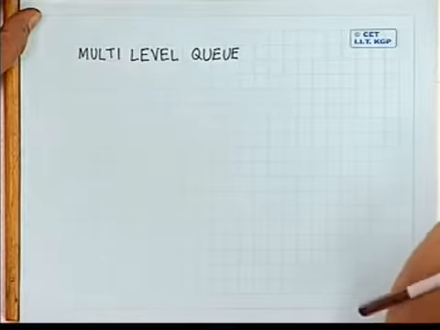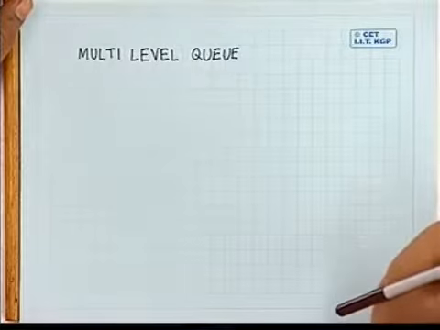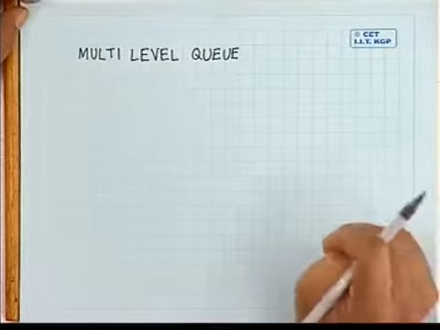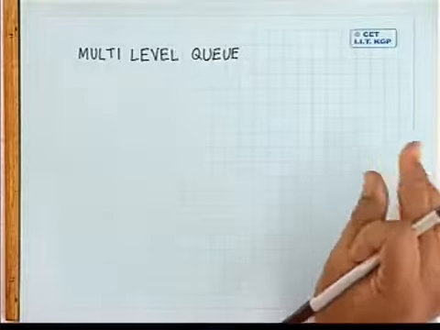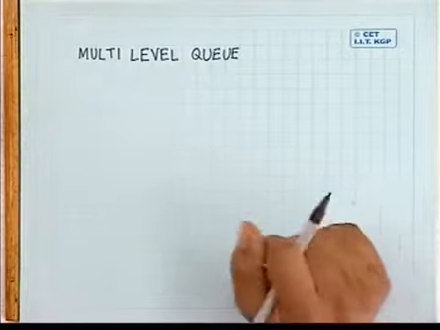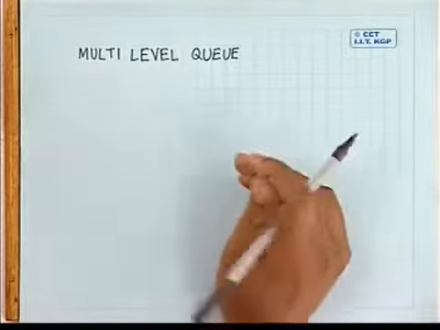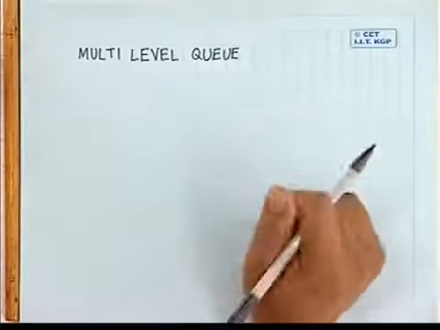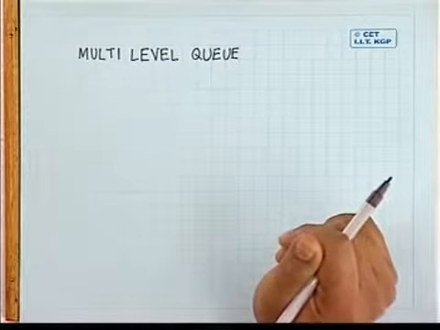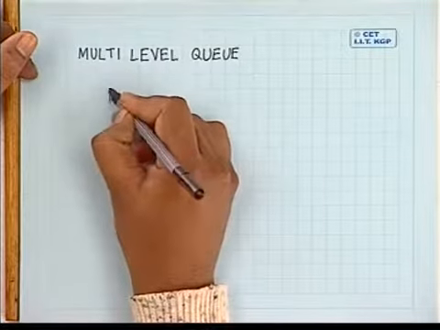I think yesterday somebody was asking me whether we can have multiple queues instead of a single queue. So here comes the multi-level queue. If we can categorize the jobs depending upon their CPU time requirement, then instead of having a single ready queue, I can have multiple ready queues. So I'll put multiple ready queues like this.